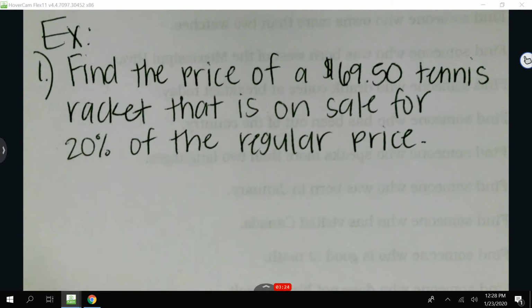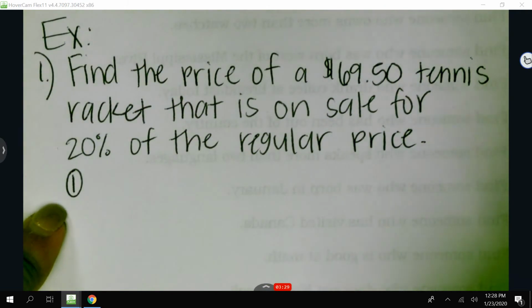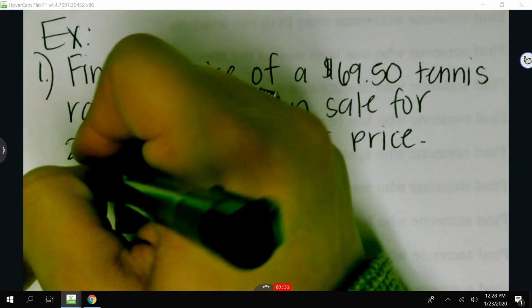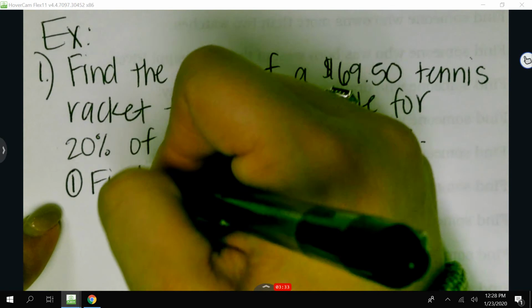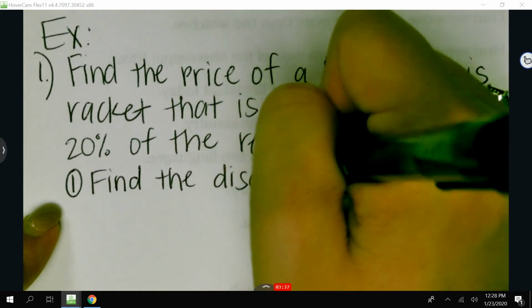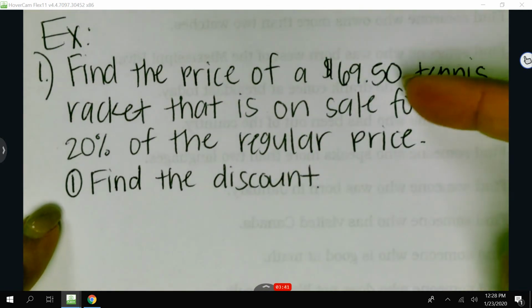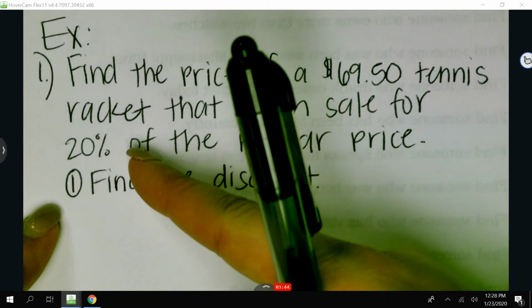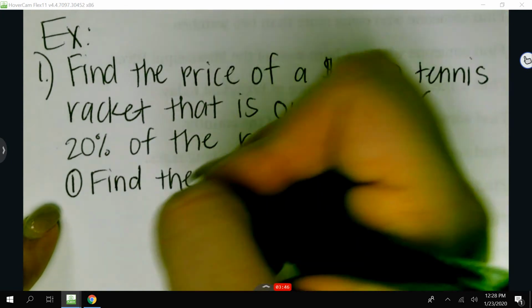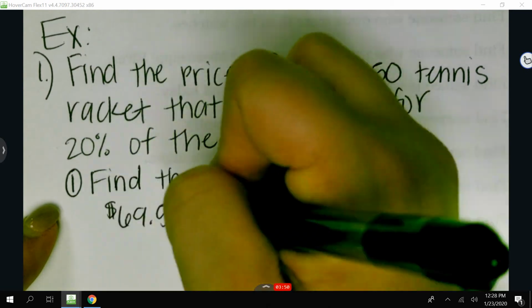Okay, so step 1, what we want to do is find the discount. So how much money are we actually saving? We're going to do that exactly how we found tax and tip. What did we do? You multiply the original price by whatever percent it's on sale. So in this case, I've got $69.50 times the 20%.